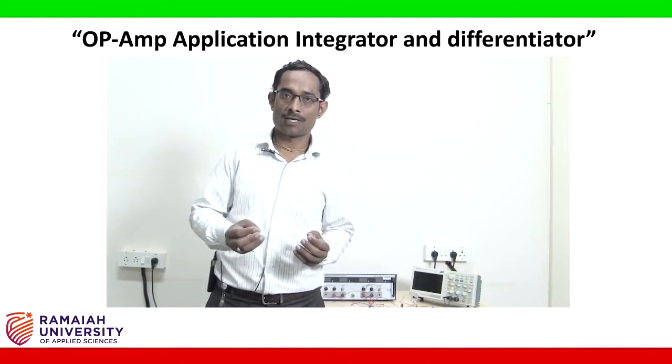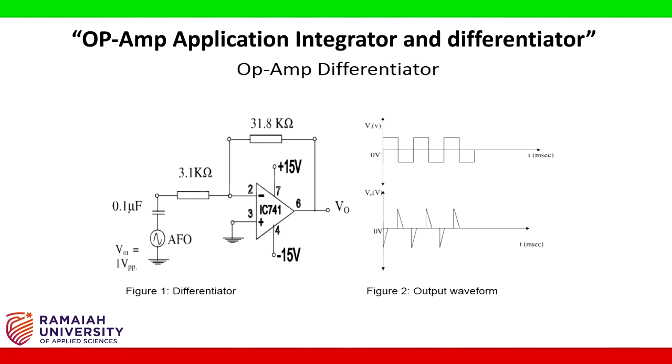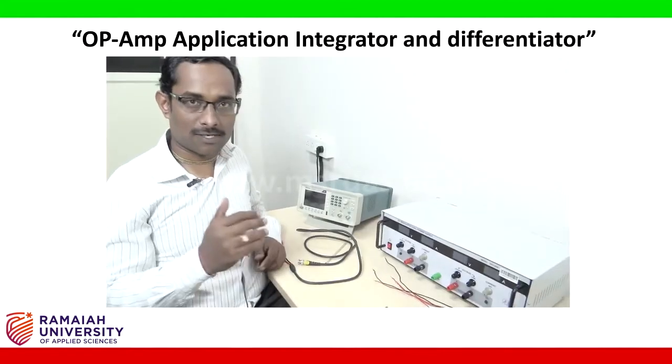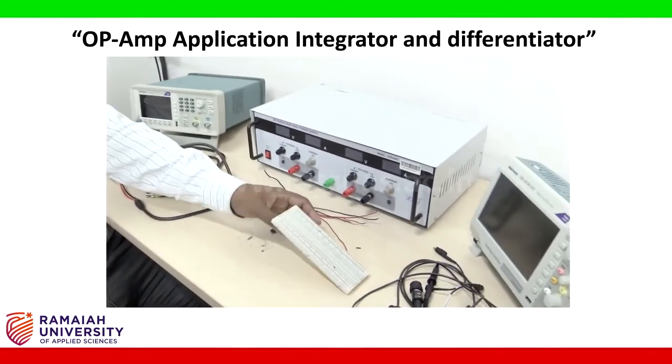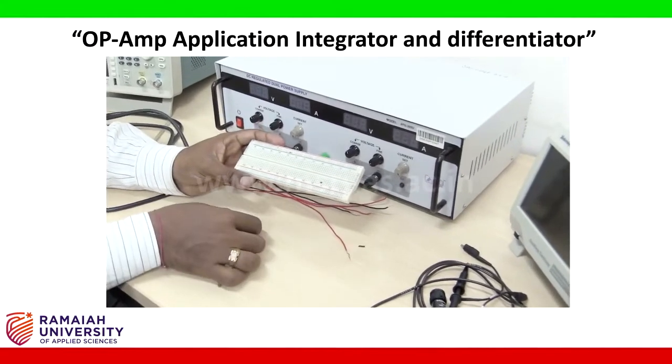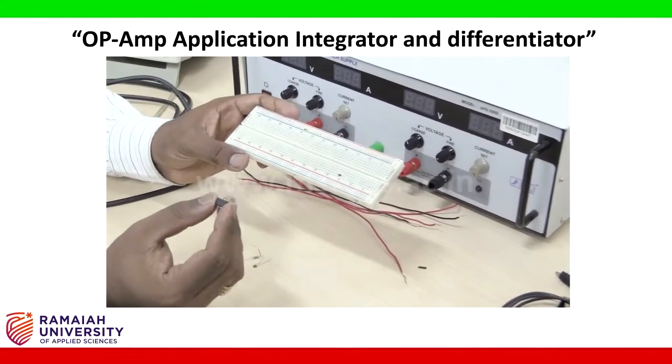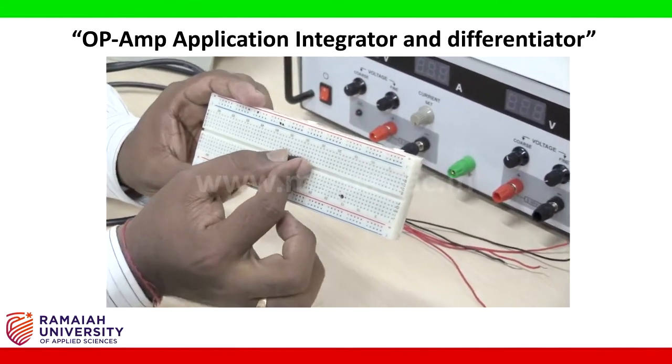Based upon the circuit diagram, I am going to connect the circuit. Now I am going to start the circuit connection. First I am taking this circuit board. I place this MU741 IC in the circuit board.